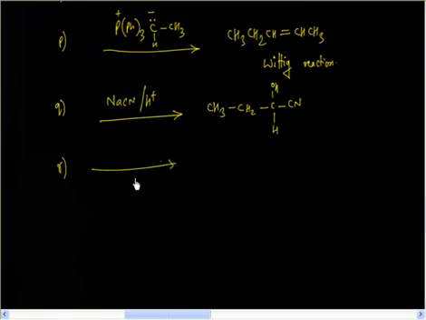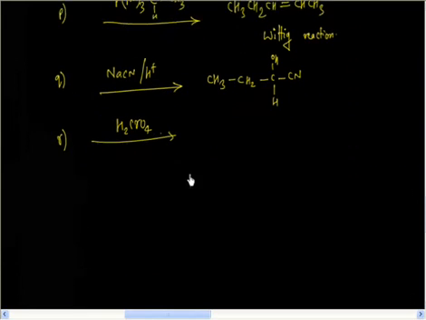Now next is finally H2CrO4, that is chromic acid. In the presence of chromic acid, aldehyde will finally be converted into acid. So you will have CH3CH2COOH. So this is a chromic acid.